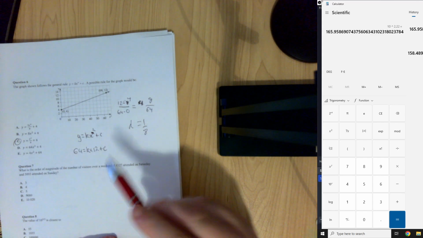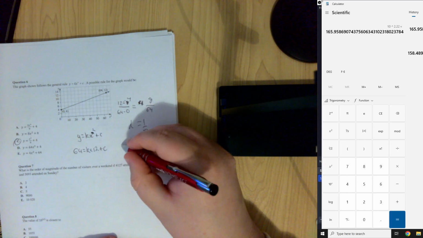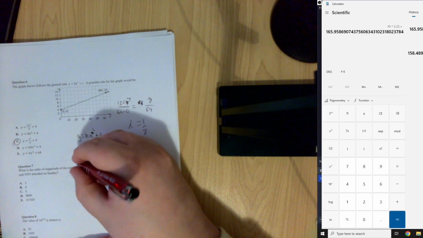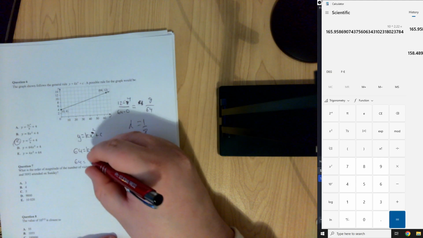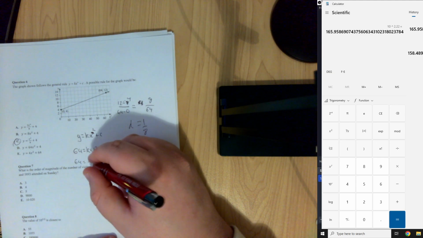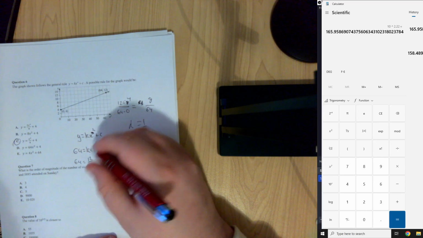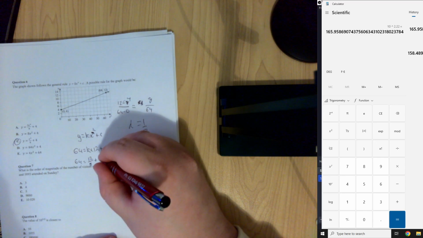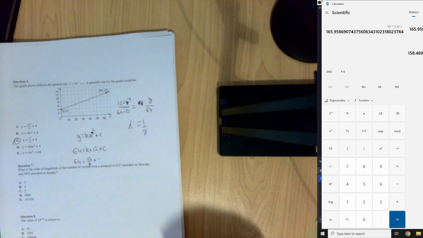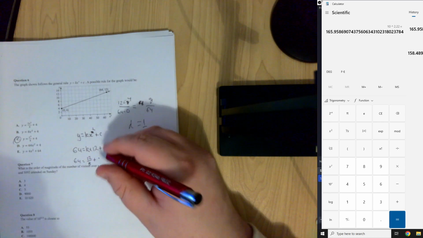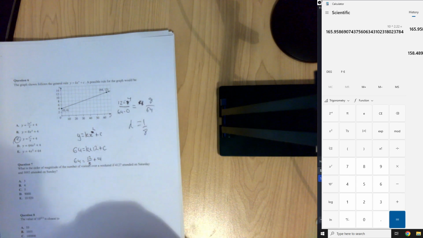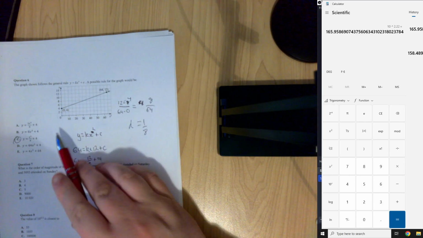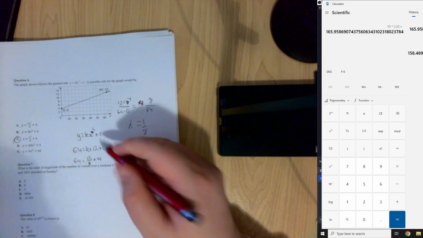None of the other ones match up, but just in case, if we substitute that in, 64 equals 12 on 8 plus, we have to have a c value here, being 4. I've done that round the wrong way.